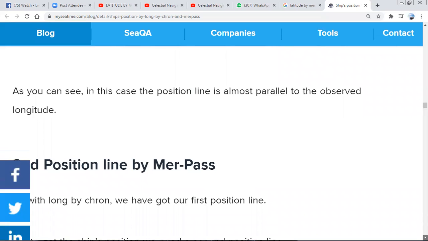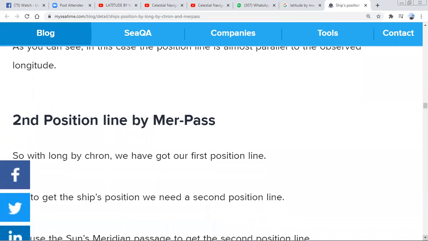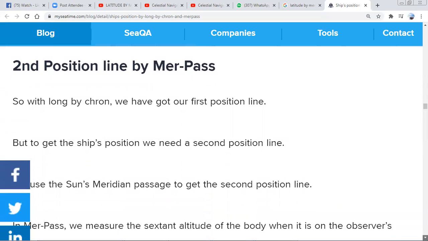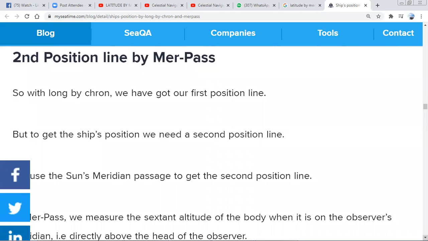As you can see in this case, the position line is parallel to the observed longitude. Now, for getting the position we always need a second position line. The second position line we calculate by the meridian passage method. That meridian passage method we will see in the next video.